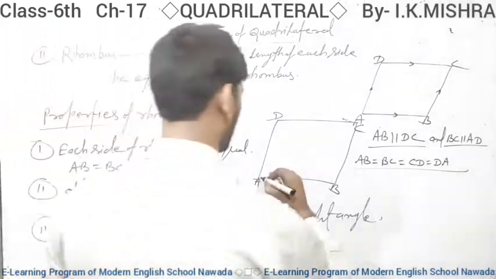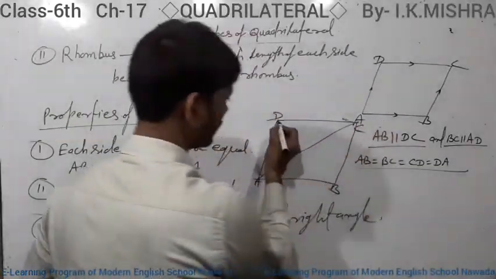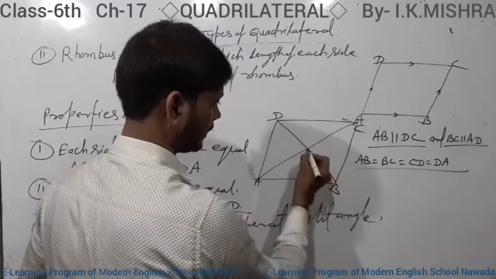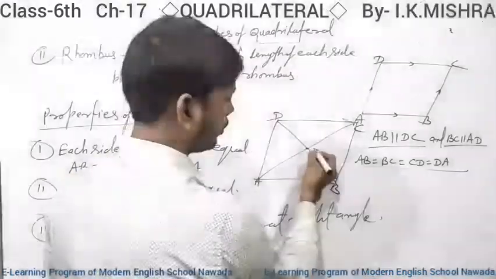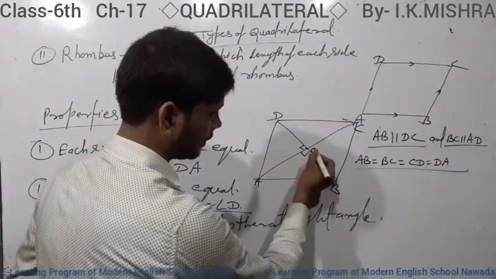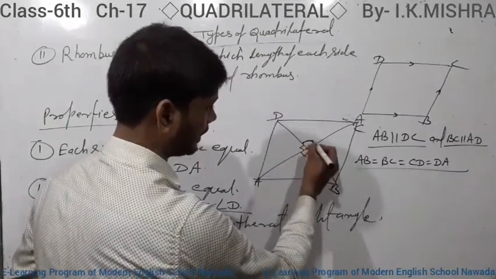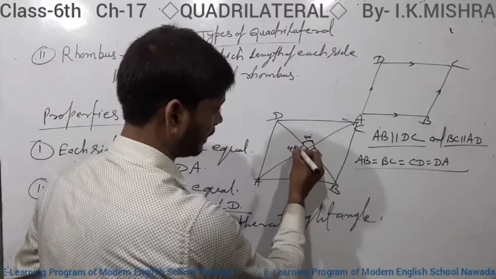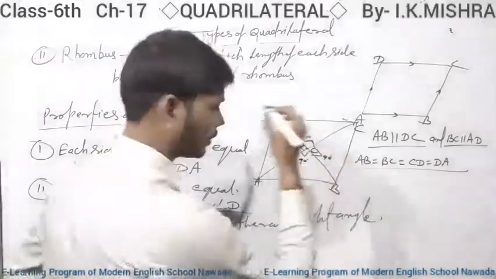If you join the diagonals, this point O is the intersecting point. Here all of these four angles are equal to 90 degree.